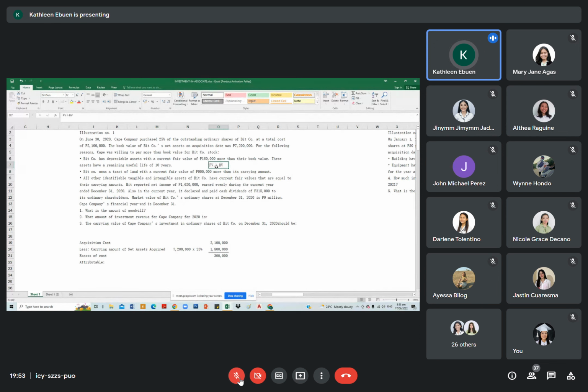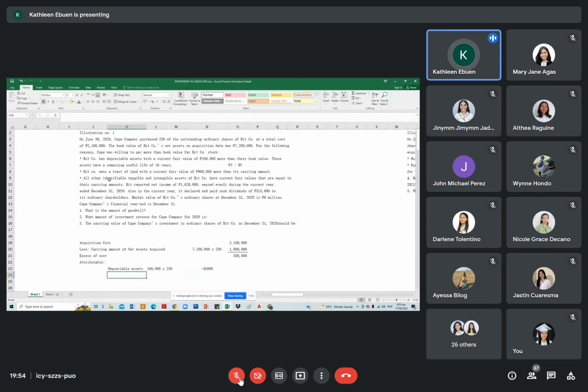So mas mataas na daw if ibebenta natin yung depreciable asset sa market ng 180,000. Okay, so 180,000 multiplied to 25%, magkano to? 45,000. Okay, 45,000.